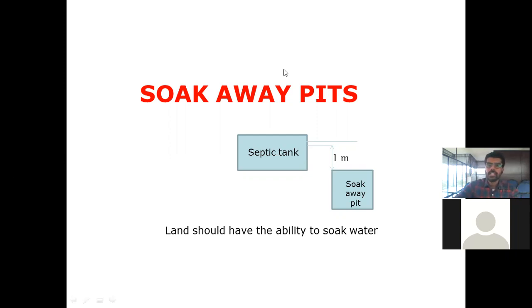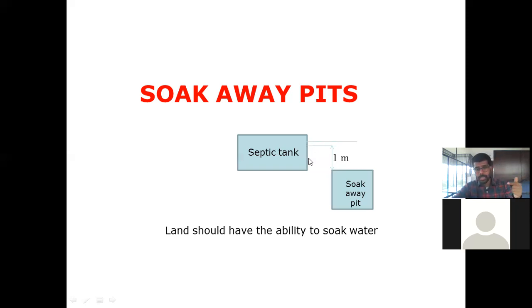Okay, so just imagine, it says that it should have at least 1 meter difference between the invert level, the below level of the outer pipe.